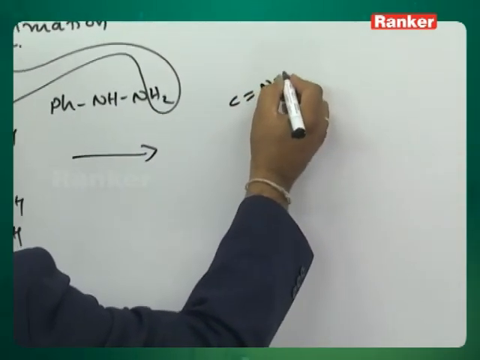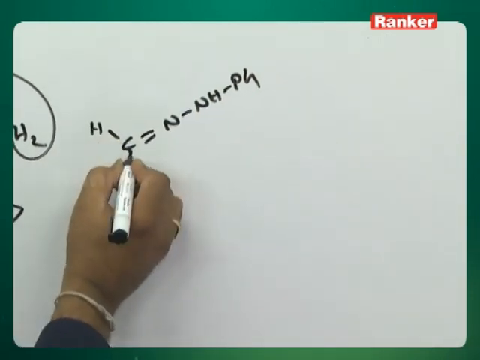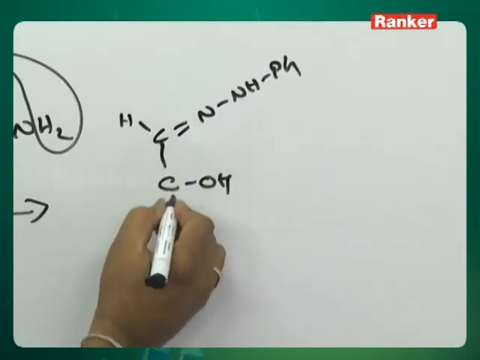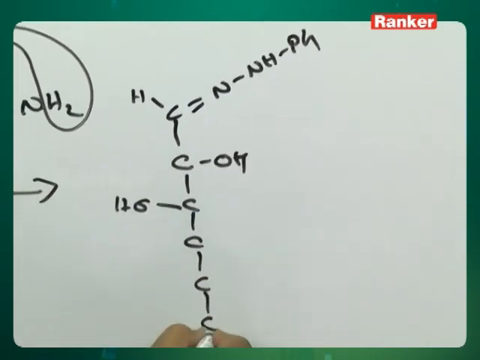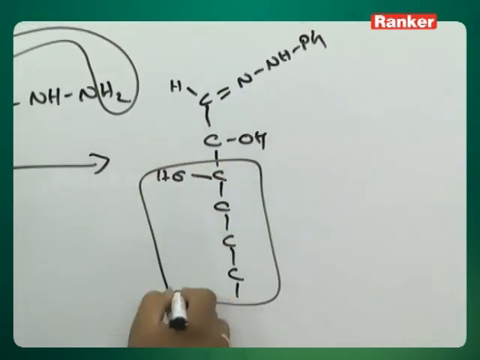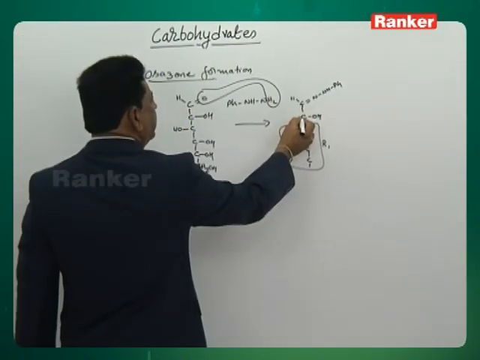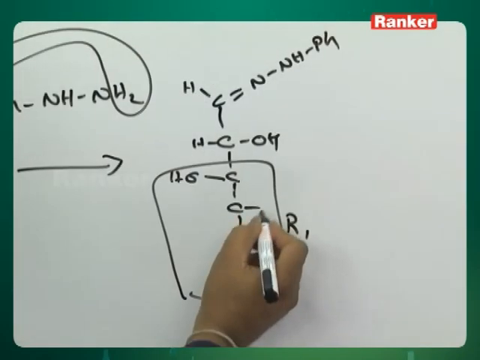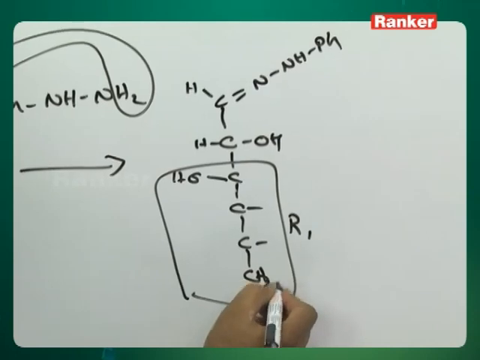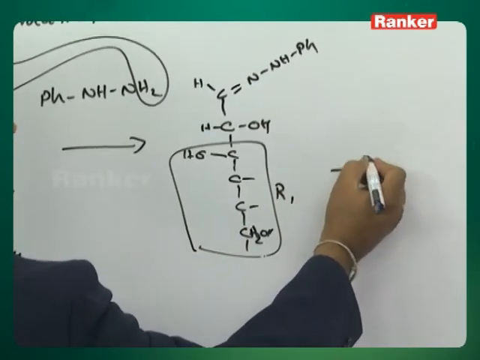A double bond N-NH phenyl group containing derivative is formed. The rest of the structure will be intact. Let us take the rest as R1. Then the second carbon will have OH on the right side, third left, fourth right, fifth right. This is CH2OH. Let us take this as R1 and proceed with the reaction.